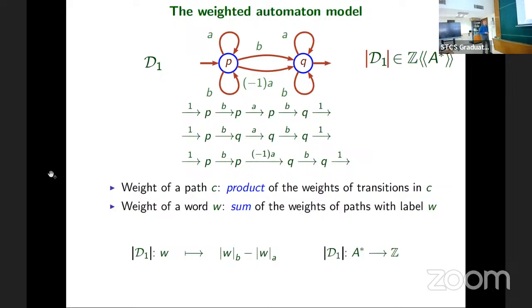No, in fact, I have not spoken of this side, from automata to expression. From automata to expression, this one will be (A plus B) star.